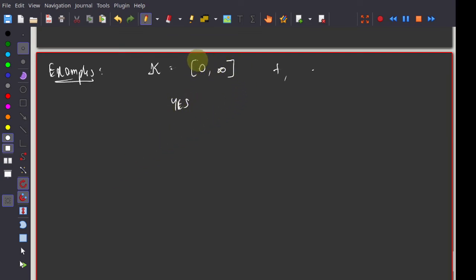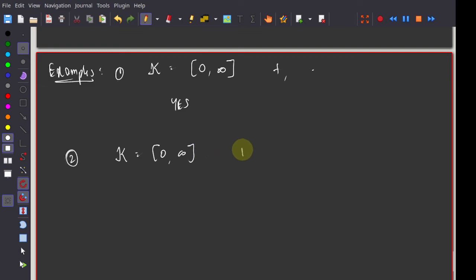What if it were the open interval 0 to infinity? It would not be, because there would be no additive identity. Okay, so once again, I'm going to take 0 to infinity, but now I'm not going to take addition and multiplication.